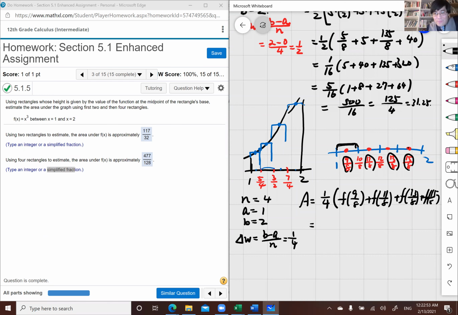Well, so you have to cube these. So 9/8 cubed and 11/8 cubed, 13 cubed, and 15 cubed. So 8 cubed is 512.